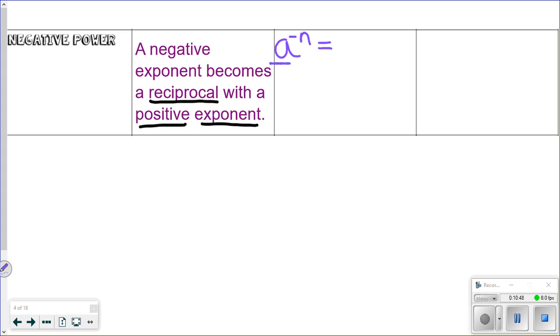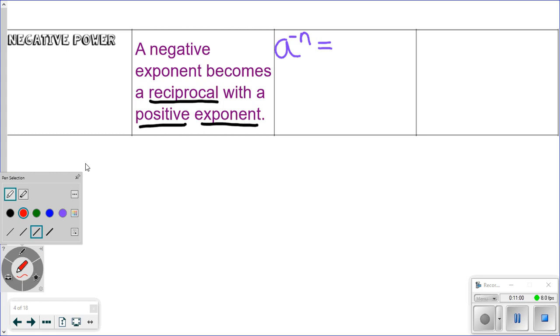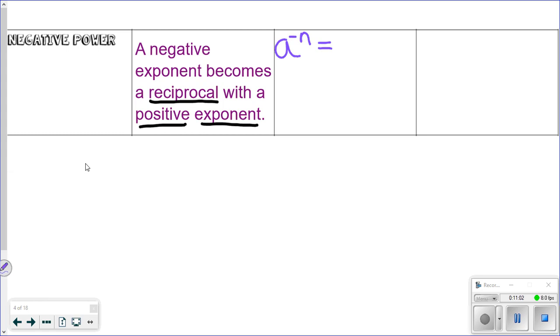This isn't a fraction, but remember, everything could be divided by 1. So what we need to do is take this and move it to the bottom or move it to the denominator. And when we do that, it turns into a positive n. And then I need a placeholder of 1 in the numerator.